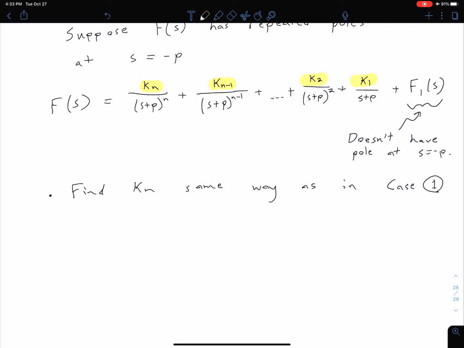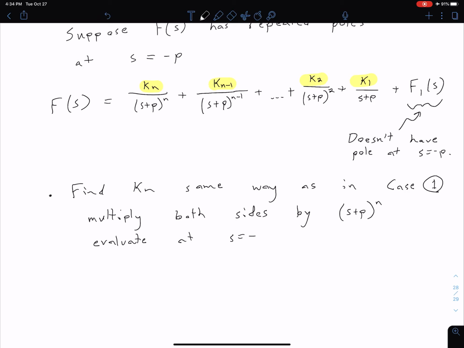What we do then is multiply both sides by s plus p to the power of n, and then evaluate at s equals negative p.